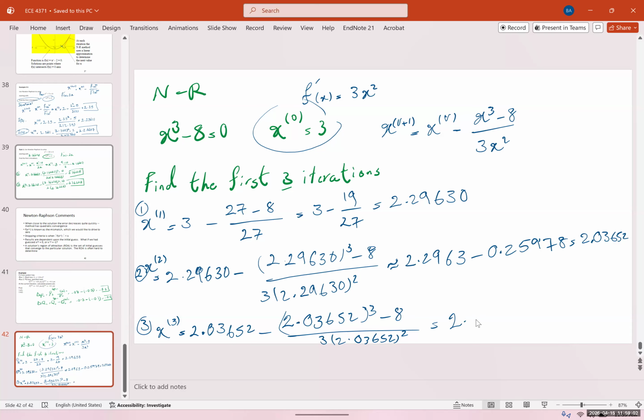So it's going to be 2.03652 minus 0.445 over 12.4444, which gives us 2.00076. This is what I got, if it's close to yours.